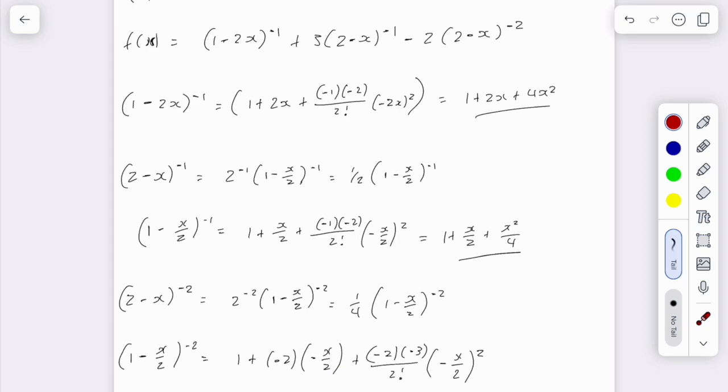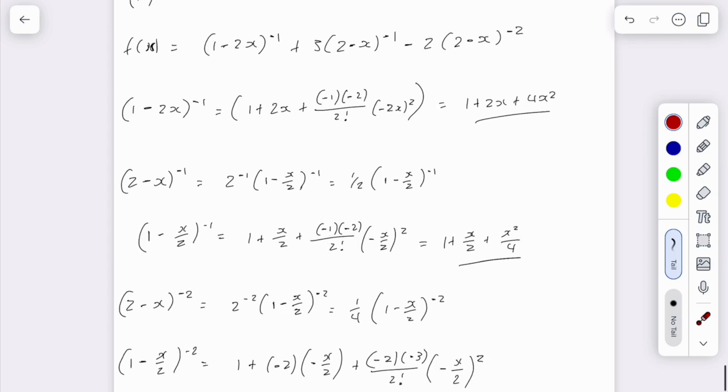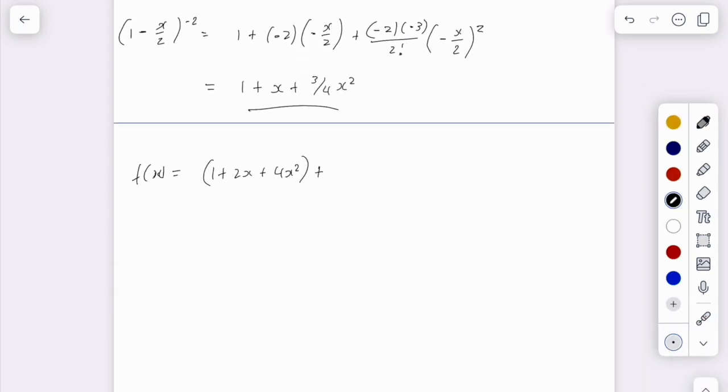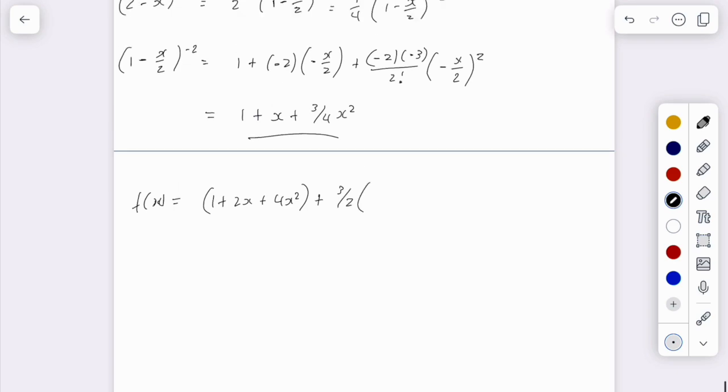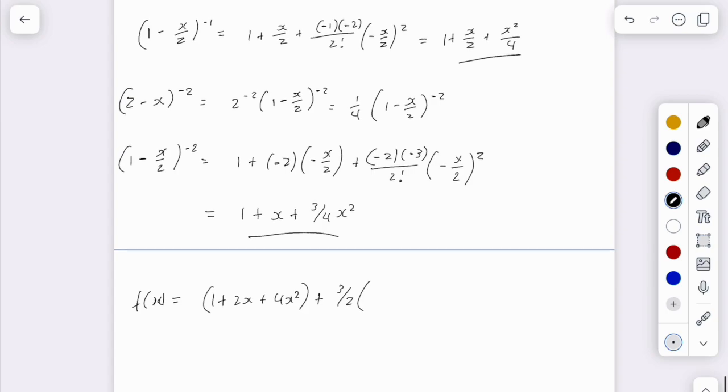Okay, so remember, for this we need to remember that we've got a half here. So 3 times this is the same thing as saying 3 times this, which is why we're going to get here 3 over 2, okay, 1 plus x over 2 plus x squared over 4.